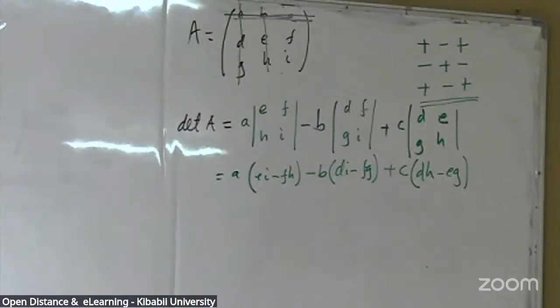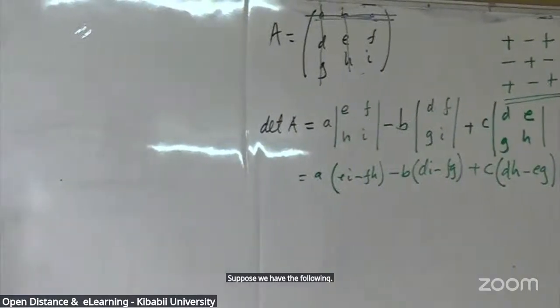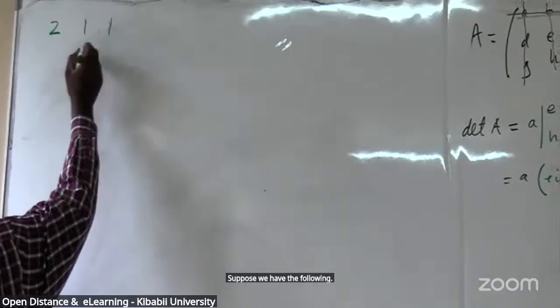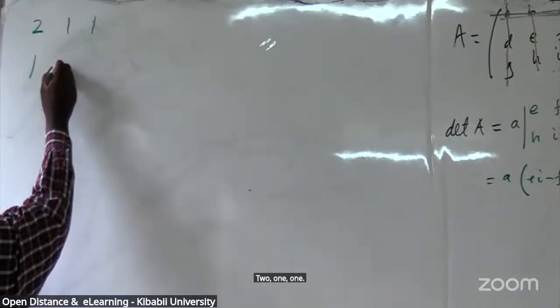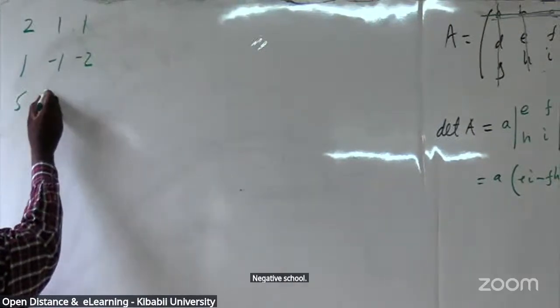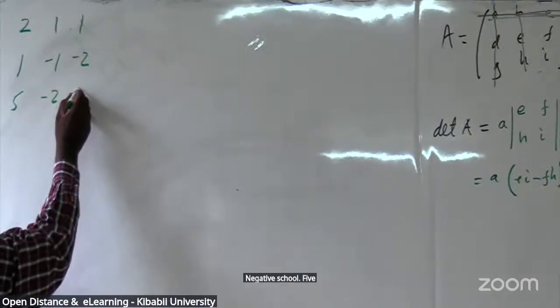Suppose we have the following example: 2, 1, 1, 1, negative 1, negative 2, 5, negative 2, negative 4.